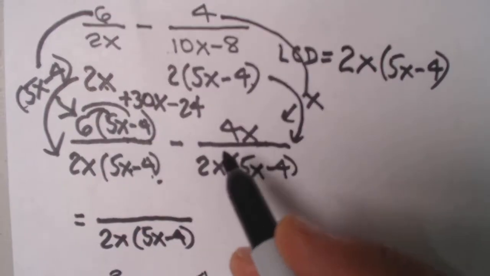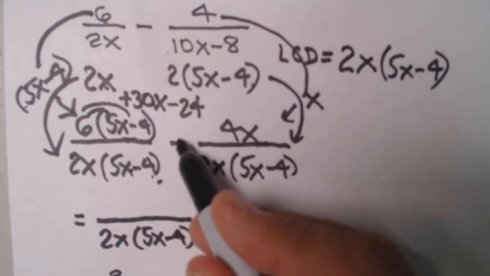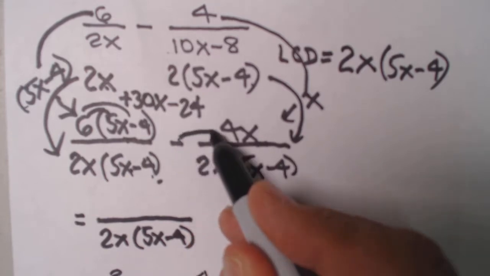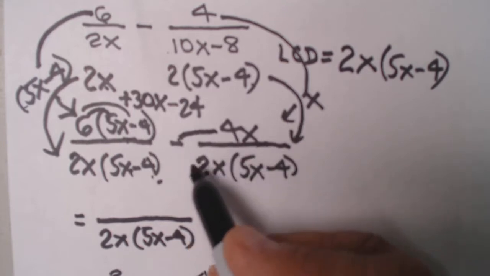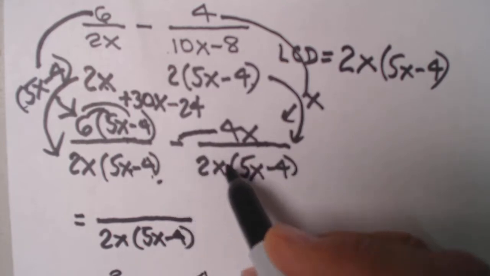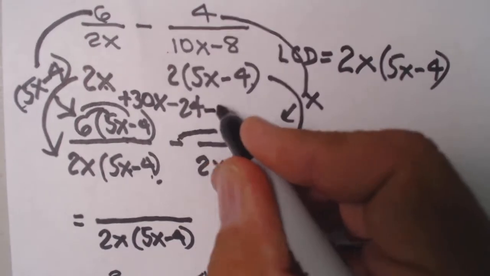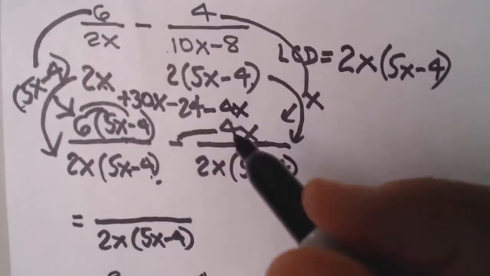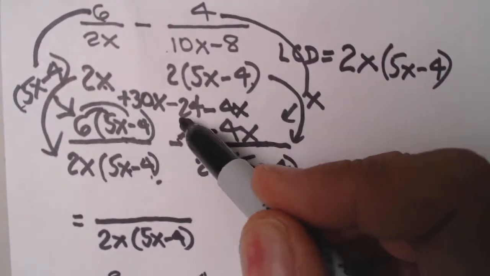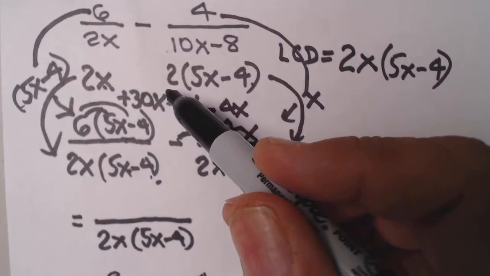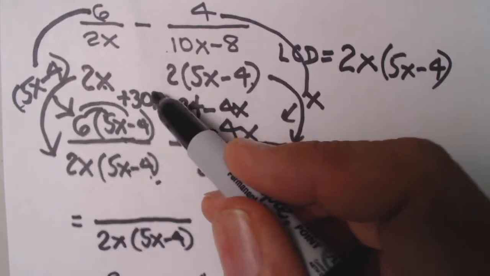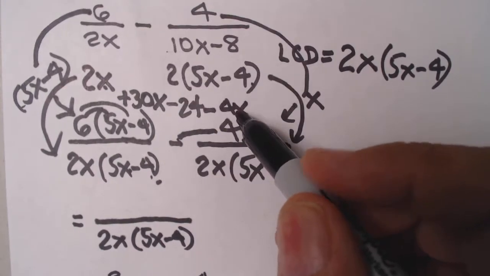Now, you see the second guy here? There's a minus in front of the fraction, so we take and apply that to the numerator. Nothing to multiply out here, it's just negative 4x, so I write that down. Okay, these are all the numerator parts we got. Now what we do is just combine these. I've got plus 30x minus 4x.